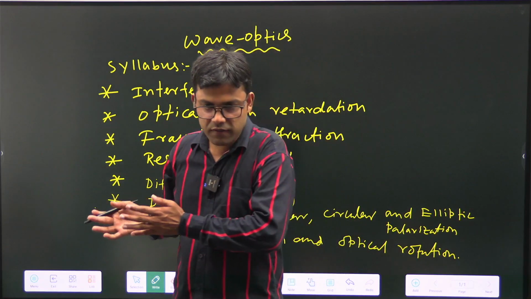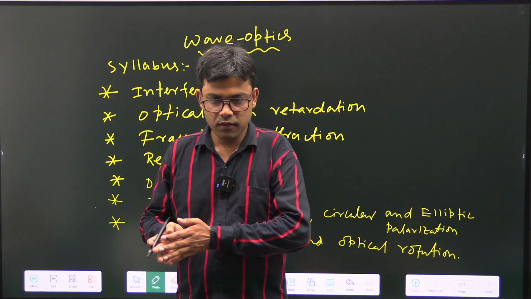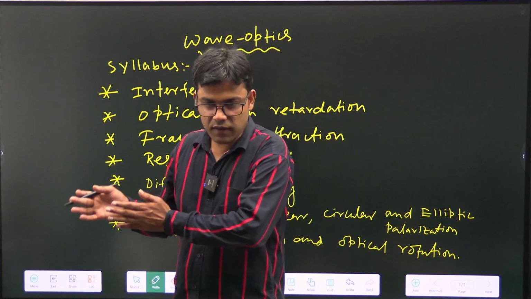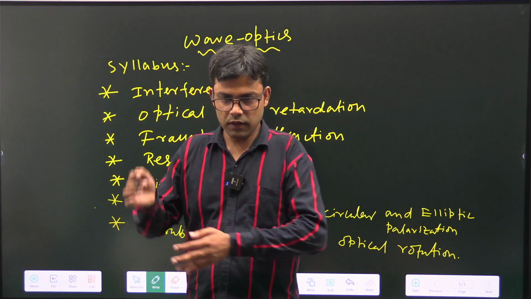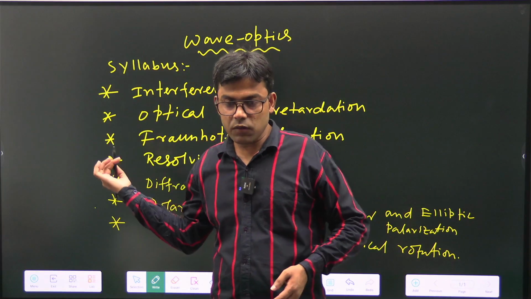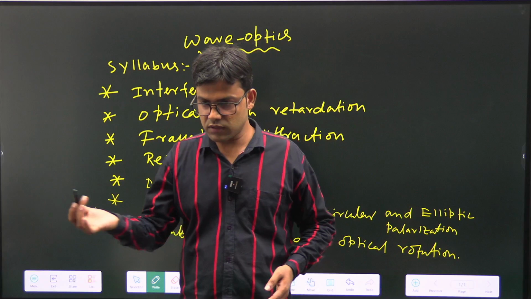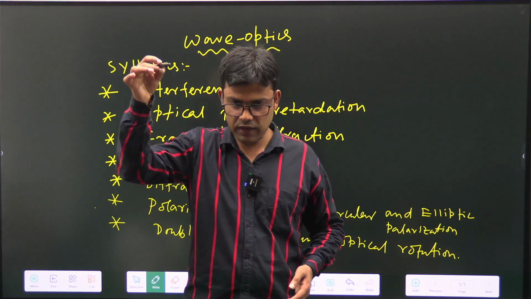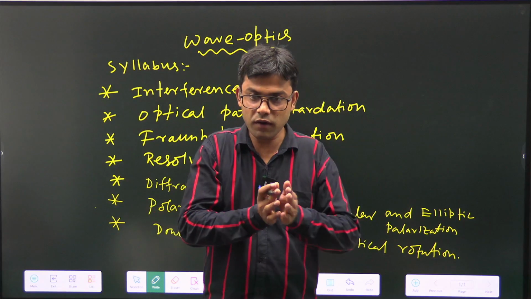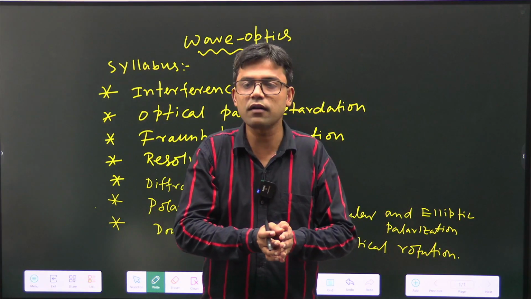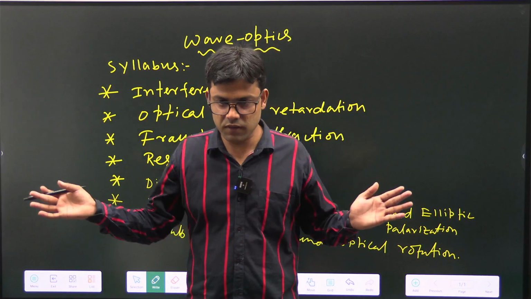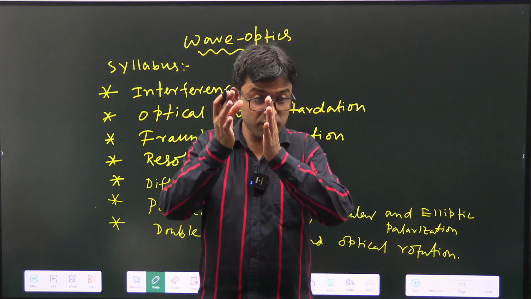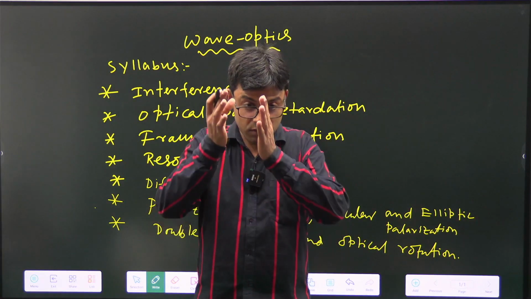But what is the meaning of the polarization phenomenon? The phenomenon of confinement of oscillation of the electric field in a single direction. If you look at linear polarization, elliptical polarization, circular polarization, in each of them the oscillation of the electric field of light is confined in a plane. It is not that the electric field is oscillating in all possible directions, but in the polarization phenomenon, the electric field is oscillating in a confined plane.